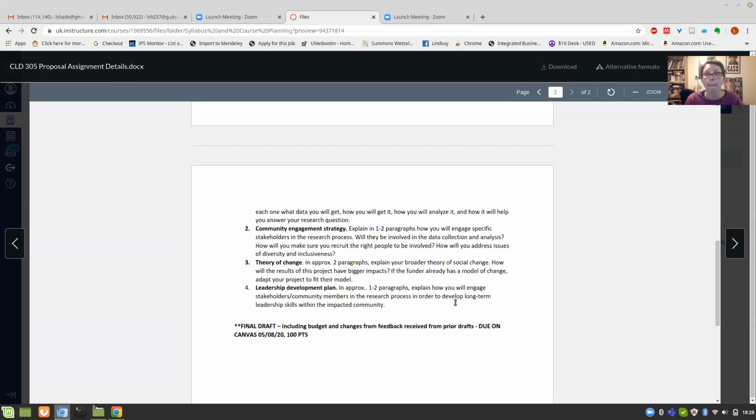So how do you believe that doing some kind of community-based or participatory research on this issue is going to have an impact? And one of the reasons that we include this is that most funders have their own theory of change already.